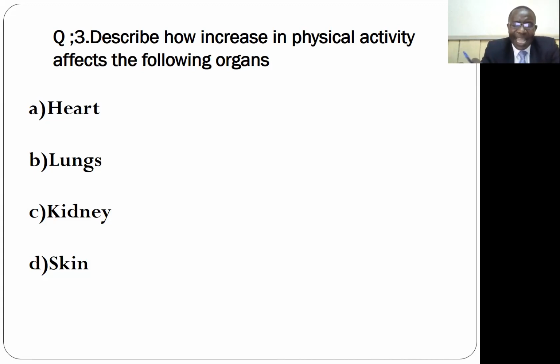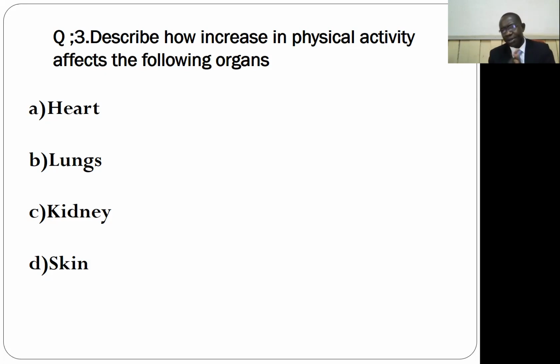A candidate is advised to select that question which he or she is able to produce many accurate marks in. And let me repeat my statement, you are supposed only to attempt one between number 7 and number 8. That is how far I can discuss the essay question.